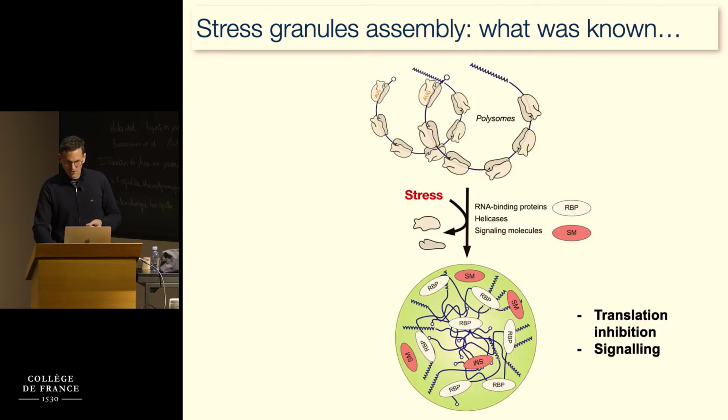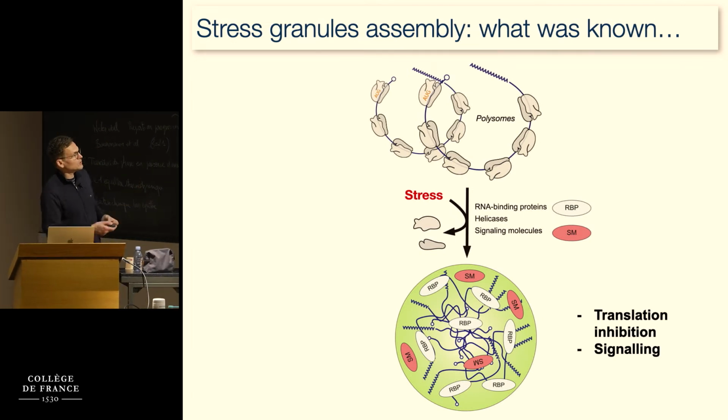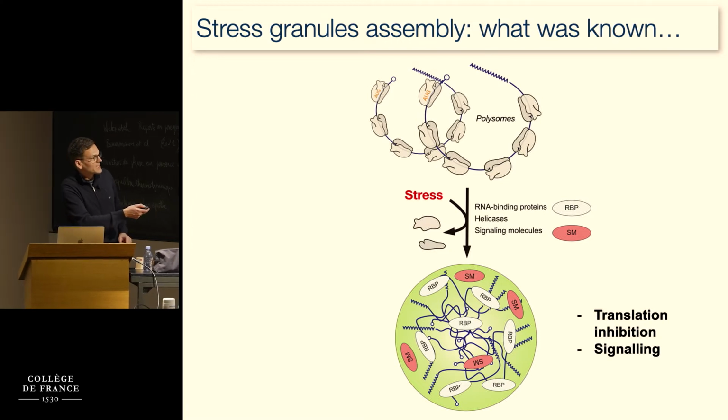But what did we actually know when we started this project? What was known was that when cells produce proteins, they do this on polysomes. You have a messenger RNA, and then you have ribosomes translating the message. Then in stress, the ribosomes dissociate from the mRNA, and they assemble together with the mRNA into these liquid-like structures.